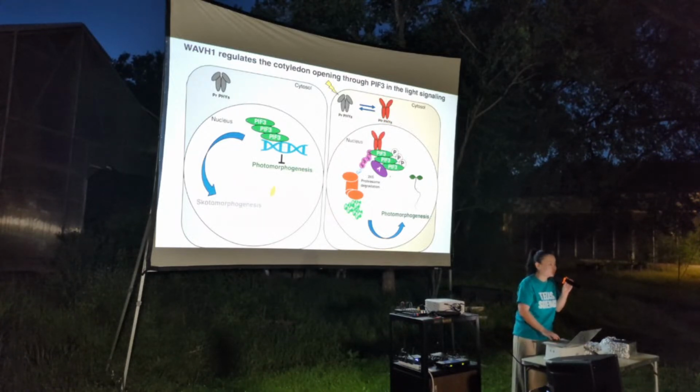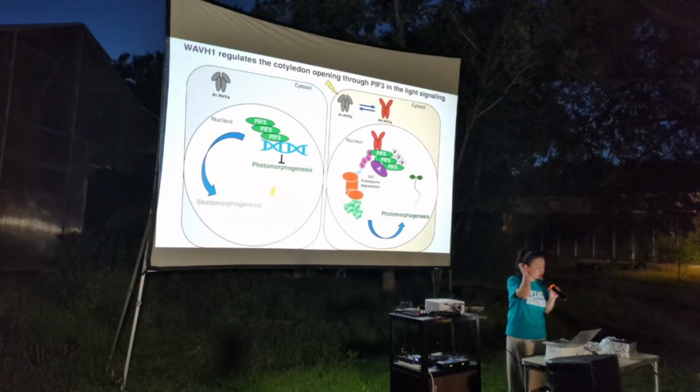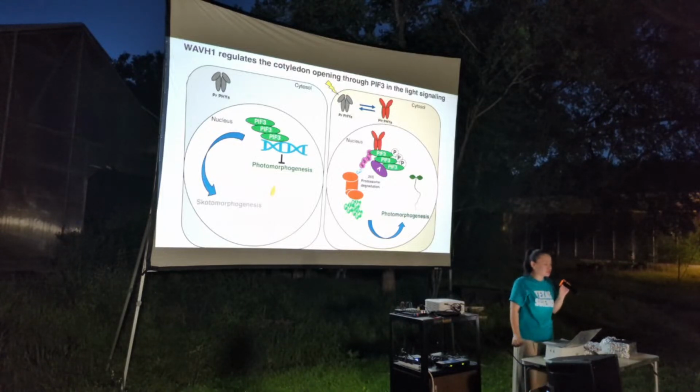Okay, is that too much? Yeah, because those are related to a lot of biological and biochemistry methods, so I will not introduce too much about that. But this is what we do in the lab.